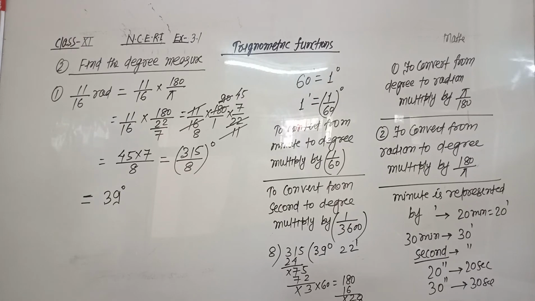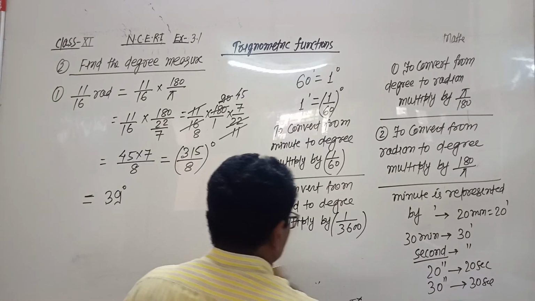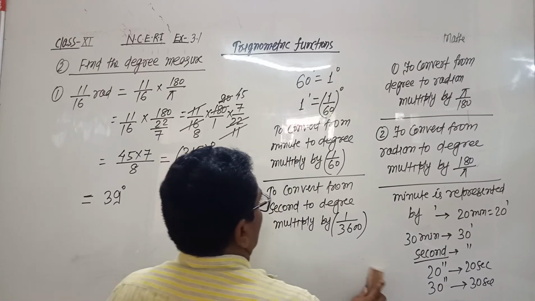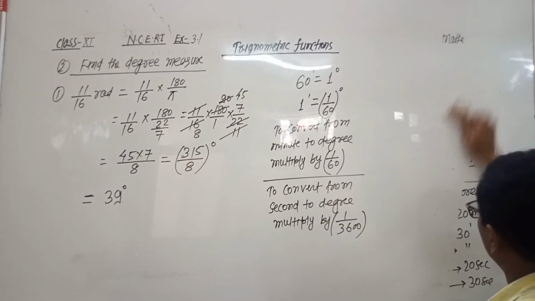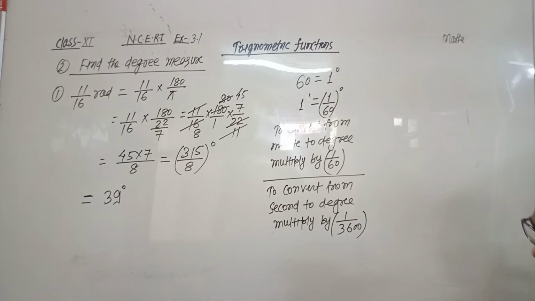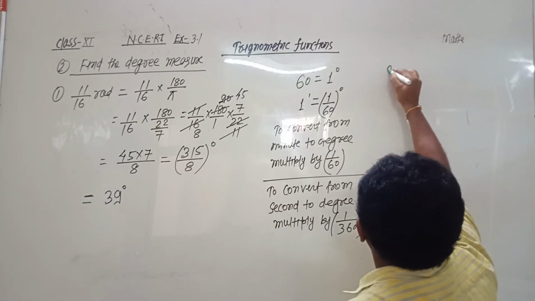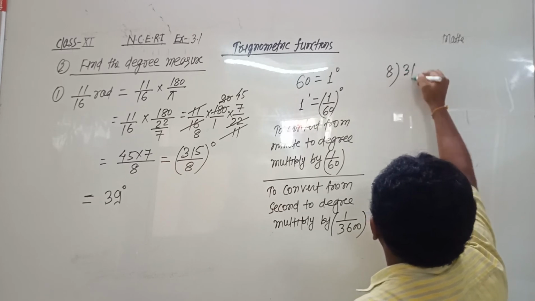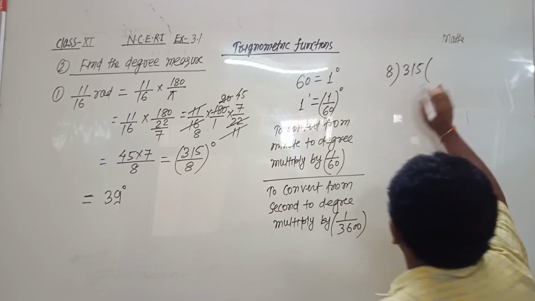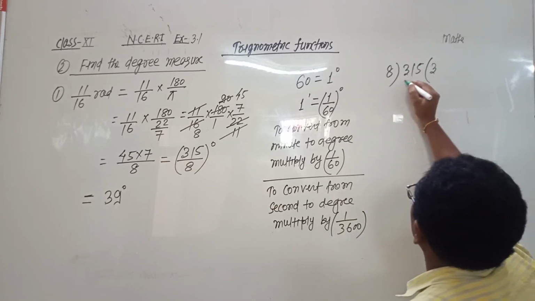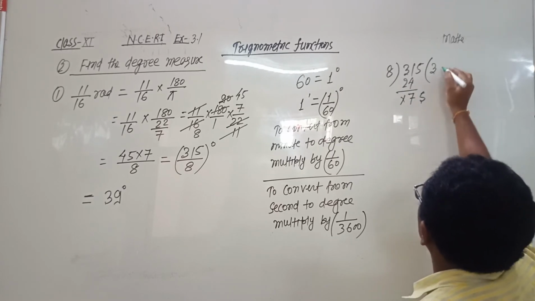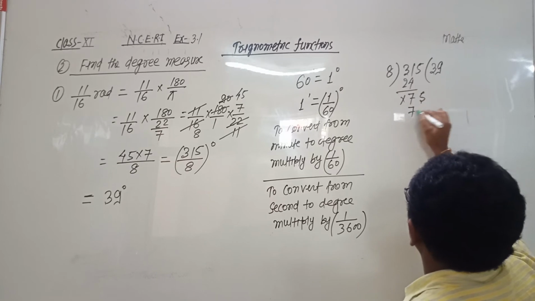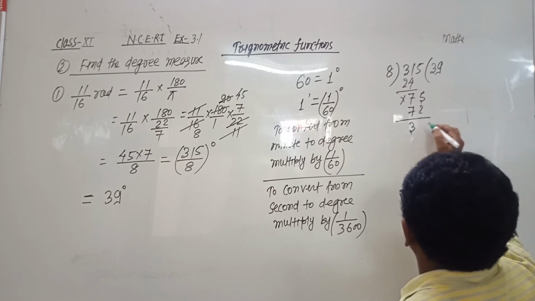Let us see once. We have to divide 315 by 8. It goes by 3, 8 threes are 24, 7 carry, 75, 8 nines are 72, remainder comes to be 3.